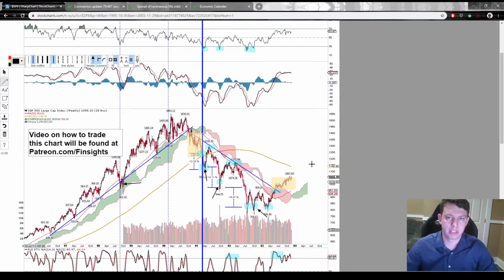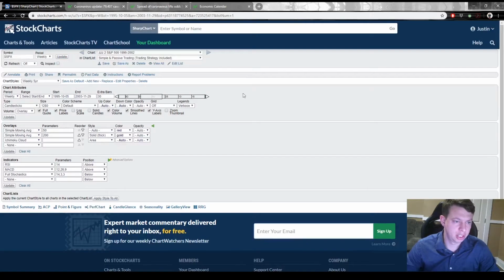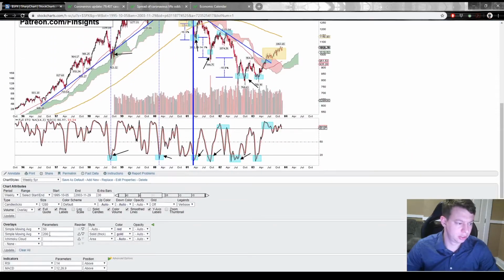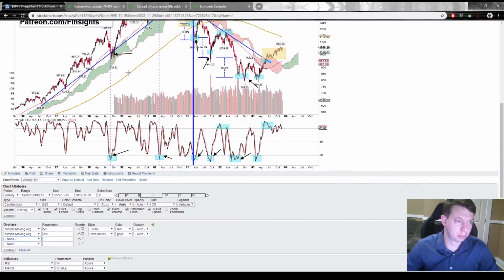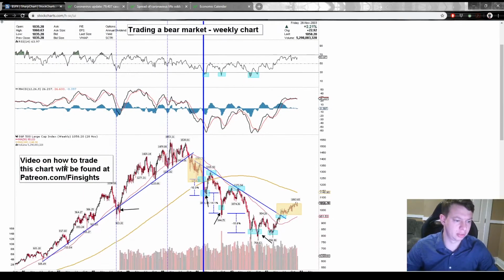It does kind of match up with some trend lines. So that's the only reason I include it. You can ignore this green and red. Actually, I'm going to take that off for you right now, just so we can clean this chart up a little bit. This is just another support and resistance indicator I like to use, but it's definitely not necessary at all.